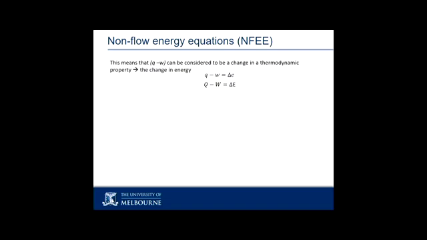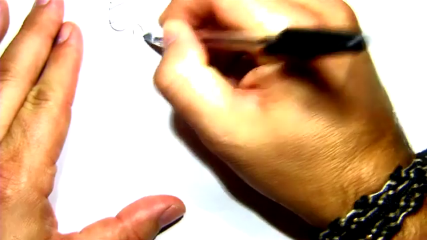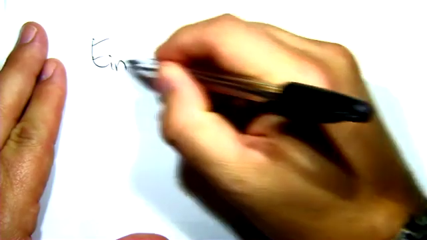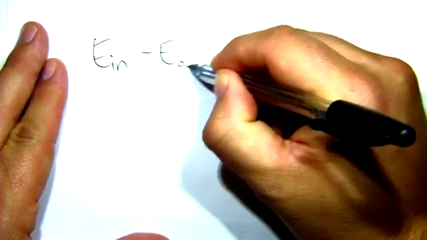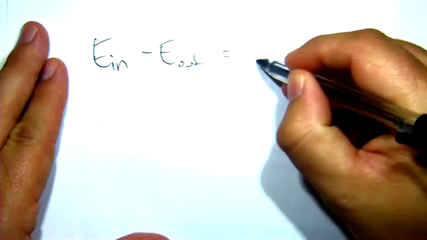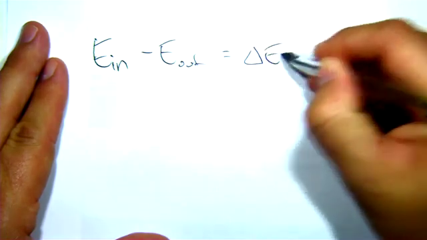So, I'm going to write that again. We started with E in minus E out equals delta E.